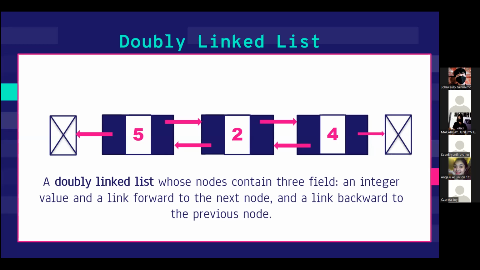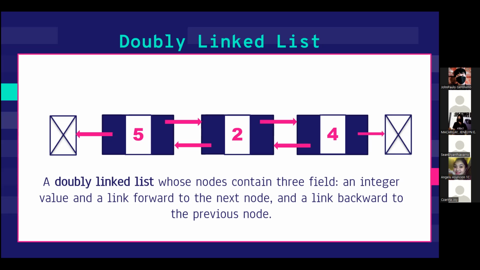And in here, for example, let's say the first node is 400, the second node is 600, and the third node is 800. The first node contains the data, which is 5. Since this first node doesn't have a previous node, it will automatically be 0 or null.